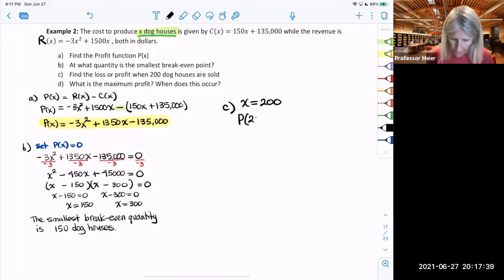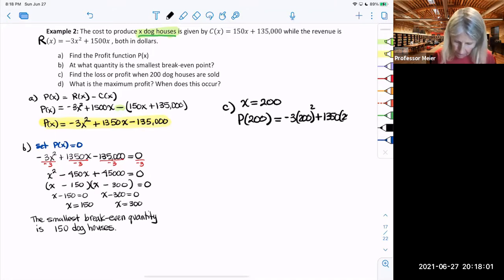So I want to find P of 200. All right, so this is just a calculator problem. 200 plugs into profit. Use your calculator, right? So I'll write it, but again, it's just going to be using your calculator. So 200 goes in for the X in your profit function.